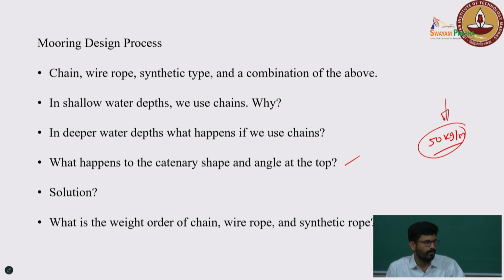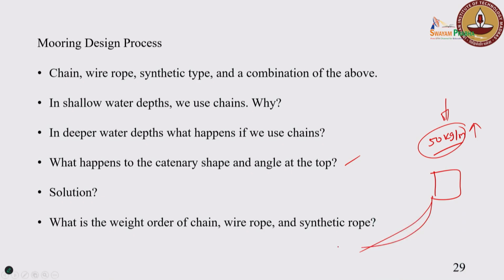Minus the buoyancy, you will get the weight in water. If this weight increases, instead of being this way, it will become more of this sort. So what is the weight order? Of course the chain will be higher, the chain will always be greater, then wire rope and synthetic. This is the order in which it will be, right.